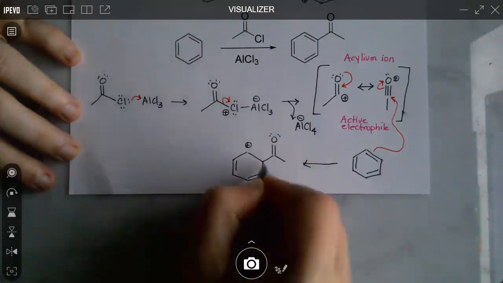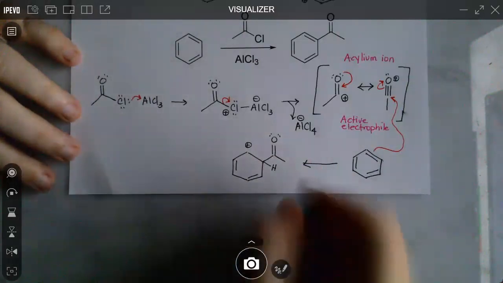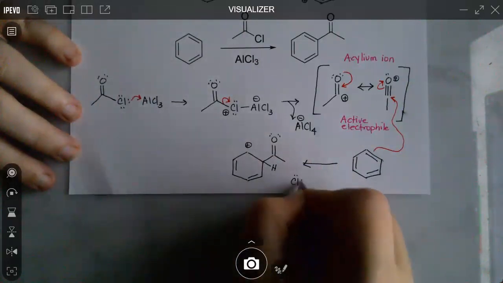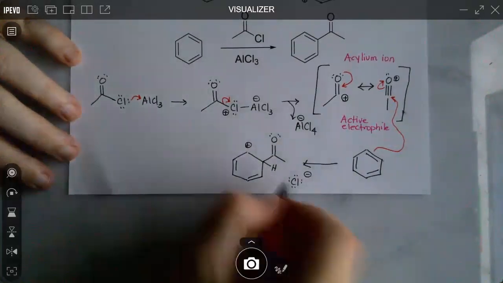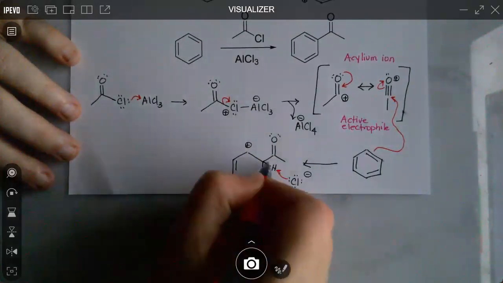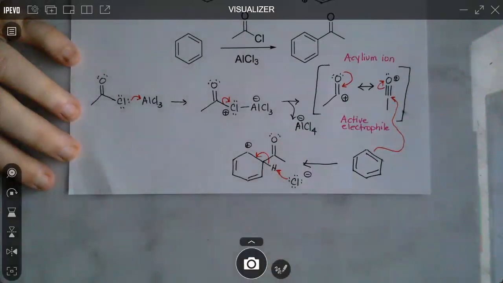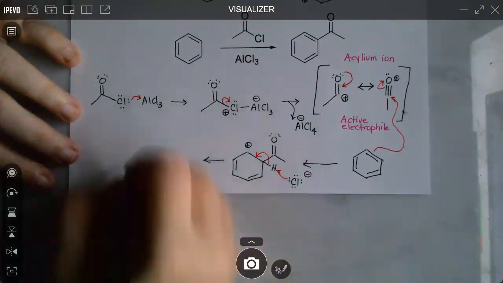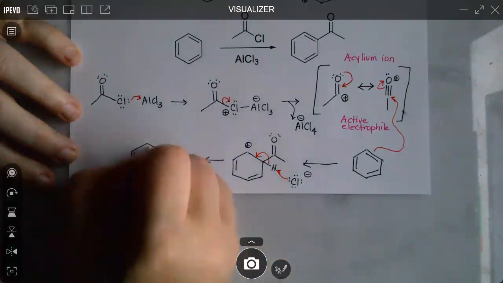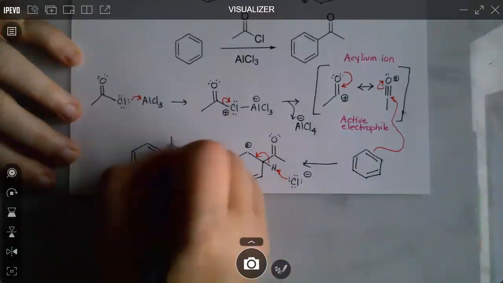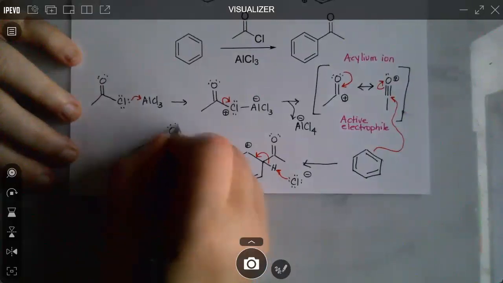And we just have our final step to regenerate the aromatic ring. And the product.